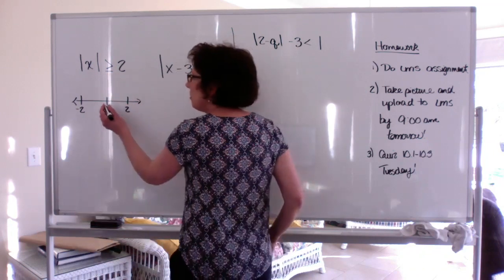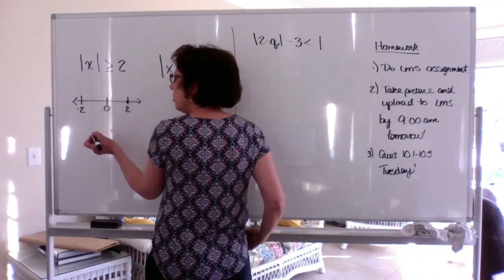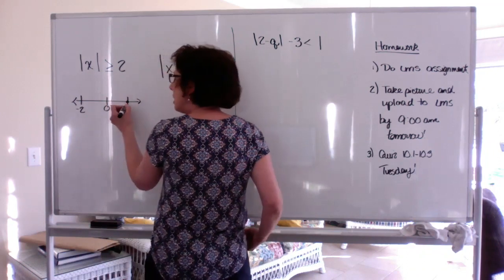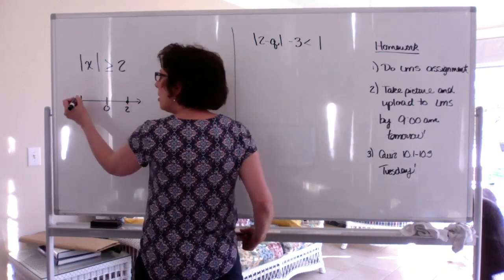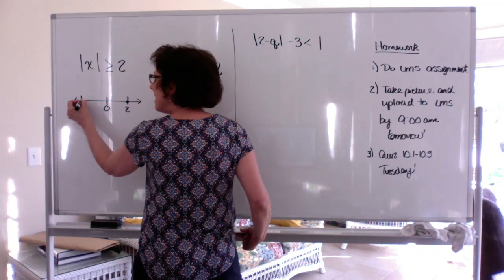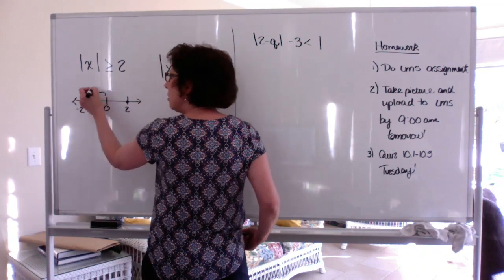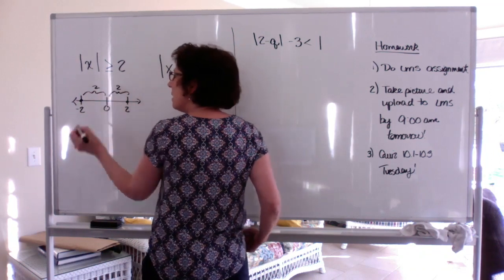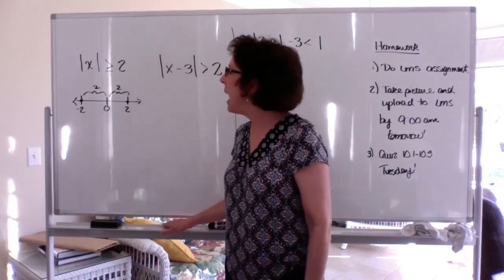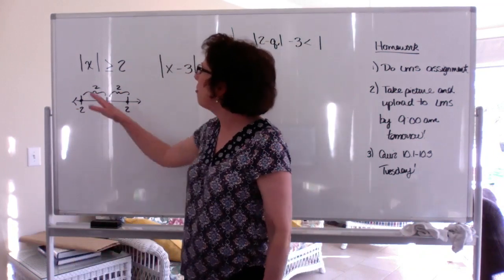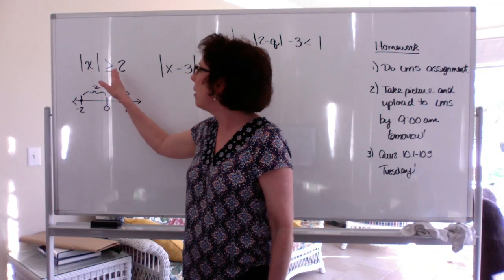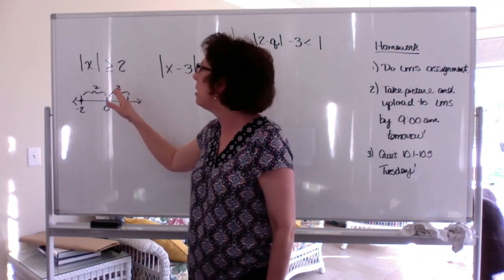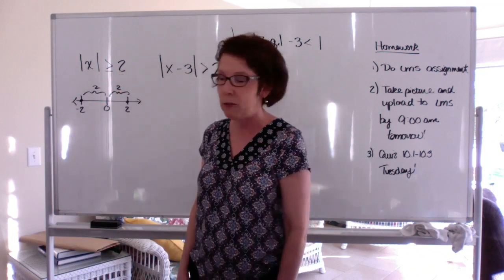So here's the origin, and it can be equal to 2, and so I could go 2 units to the right, or I could go 2 units to the left. It's just a distance, and this is a distance of 2, and so is this. So I'm in good shape. But now I want to graph not just the values equal to 2 units from the origin, but those greater than 2 units from the origin.